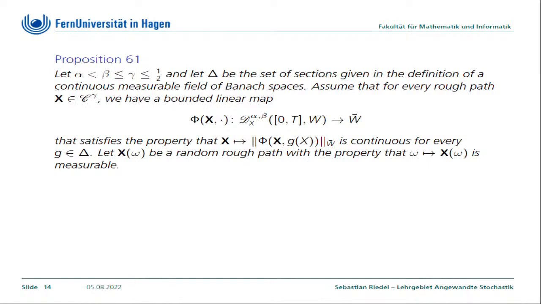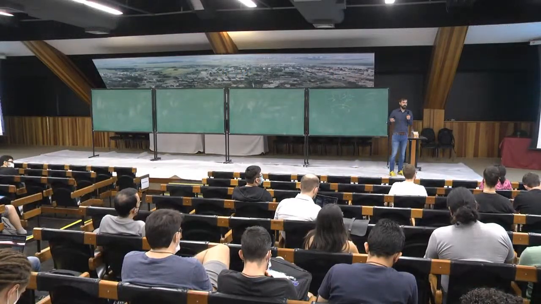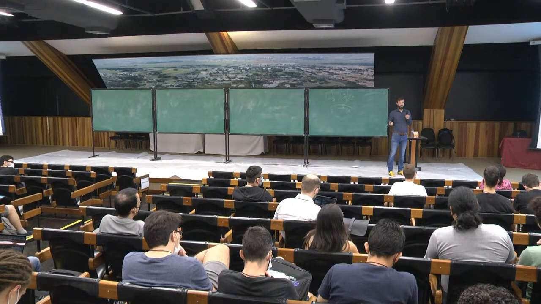We need that this lift is measurable, saying that omega mapped to here, a rough path living in a rough path space, which has a natural topology and so a natural sigma field, is a measurable map, which is given for all these lifts. You saw two lifts, the Itô and the Stratonovich, and for these it is okay.